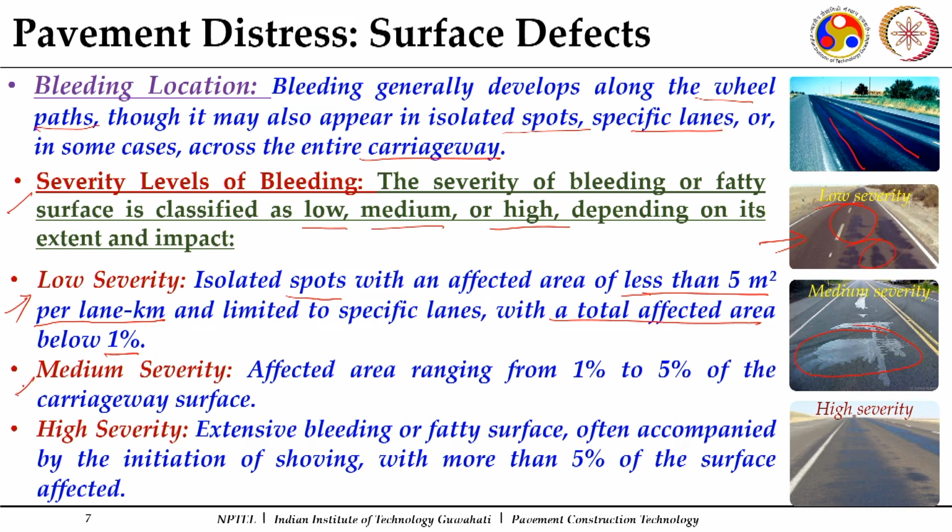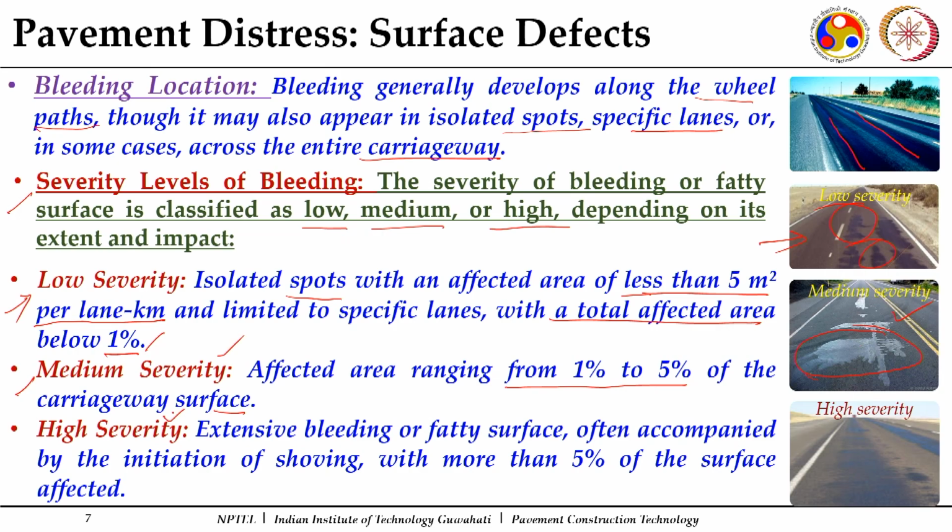The second case is medium severity, when the affected area ranges from 1 to 5% of the carriageway surface. So, where it was only less than 1%, here when it is from 1 to 5%, you can see a large portion of the area is getting covered. So, if this is in the range from 1 to 5% of your total carriageway area, then I will call it medium severity.